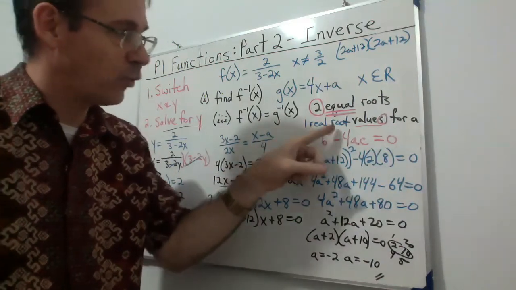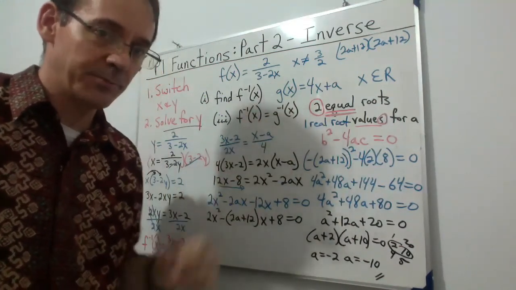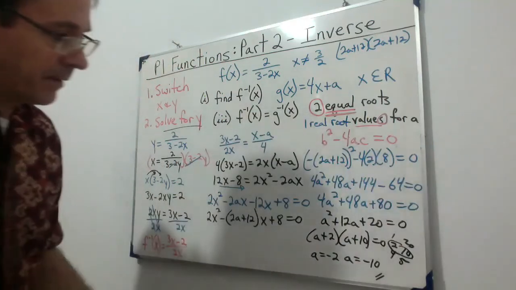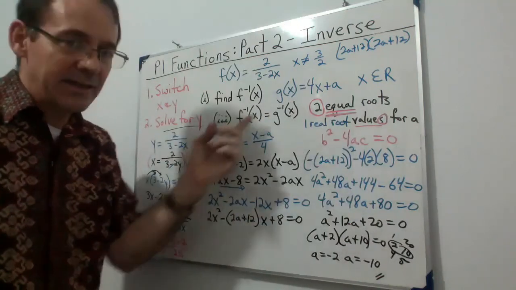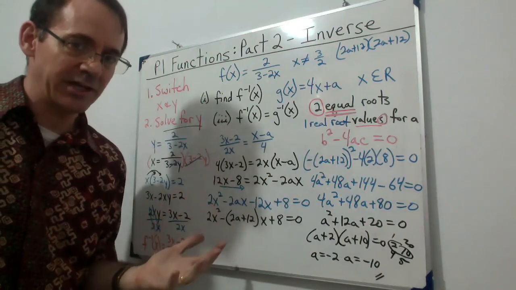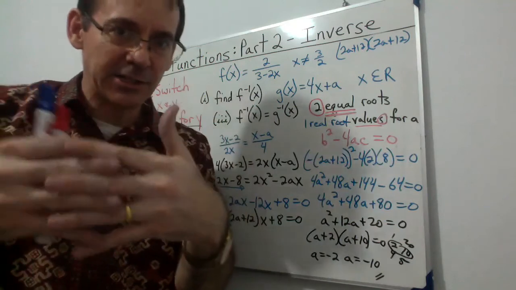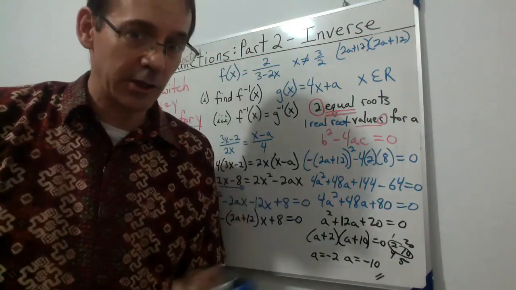It is really a 1 real root where that same root just shows up twice, and you can solve for a. This is review of quadratics, but it came out of inverse functions set equal to each other in this equation. So you can see how functions and quadratics are correlated together. So you really need to understand how they work together.